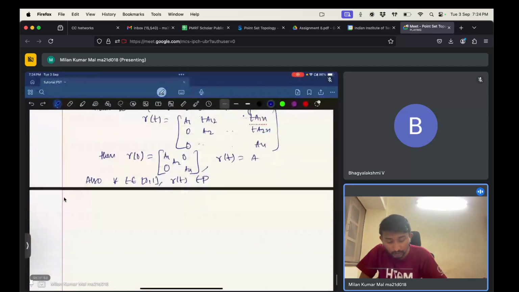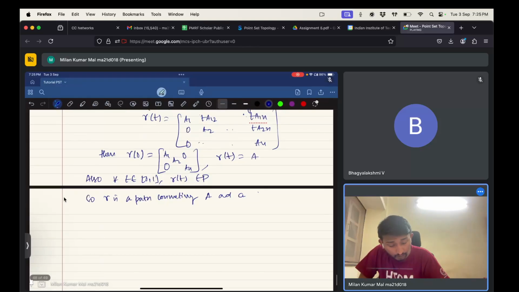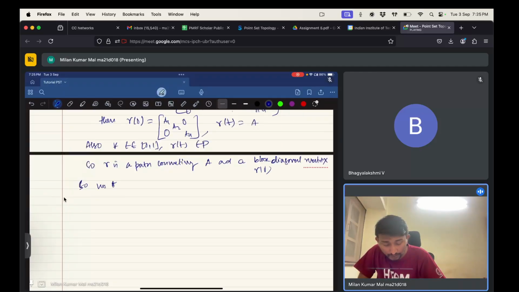So gamma(t) belongs to P. So gamma is a path connecting A and a block diagonal matrix, namely gamma(0).